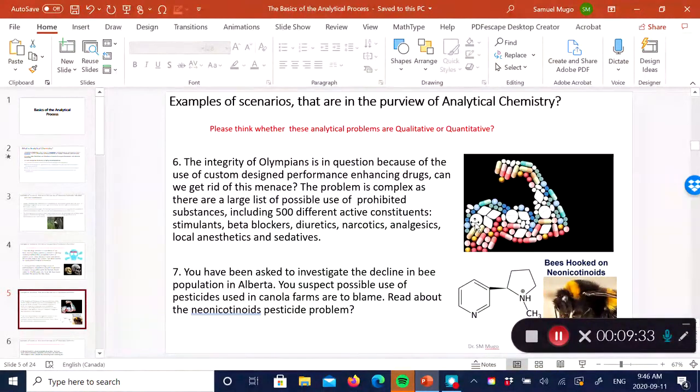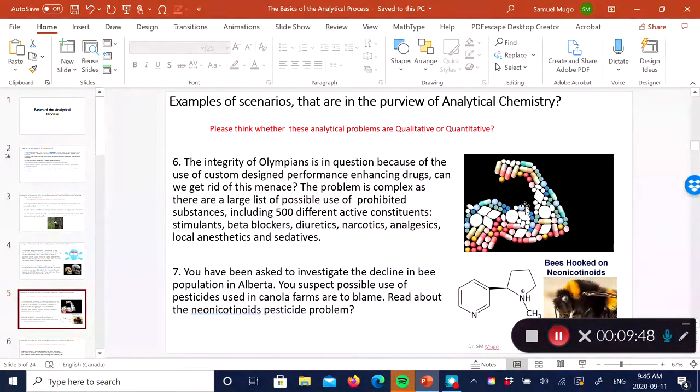There are up to 500 different active constituents of drugs that are commonly used. There are beta blockers, there are stimulants, there are diuretics, narcotics, opioids too, analgesics and so forth.